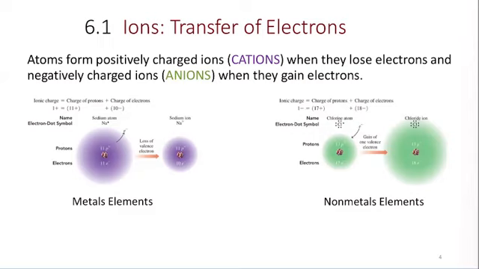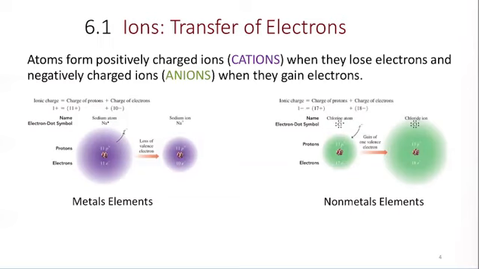When they do that, they specifically will be losing valence electrons. When you lose electrons, the analogy I use is that you're losing negativity in your life. When you lose negativity in your life, you tend to become a more positive person, and that happens to metals too. When they lose electrons, they form positively charged ions.